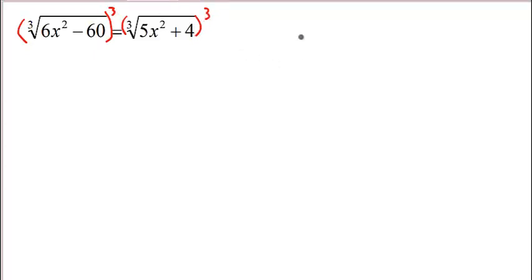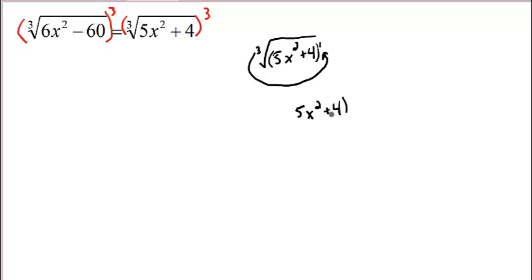And if I was going to do this over here, I'll show you why we can do that. 5x squared plus 4. If we were going to write the cube root of this in exponential form, remember that this part under the radical is raised to the first power. And if we swing around that index and make it the denominator of this exponent, we've got 5x squared plus 4 raised to the 1/3 power.